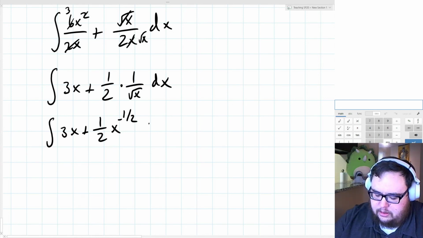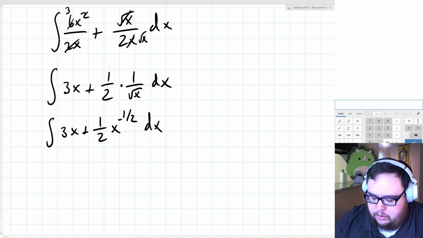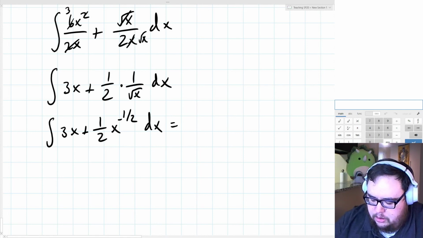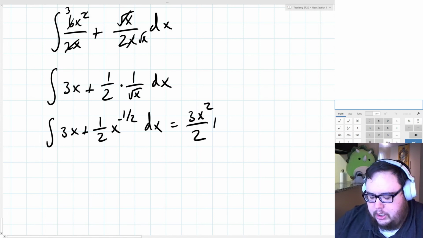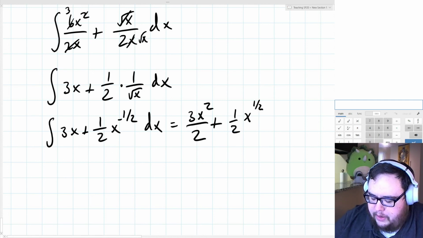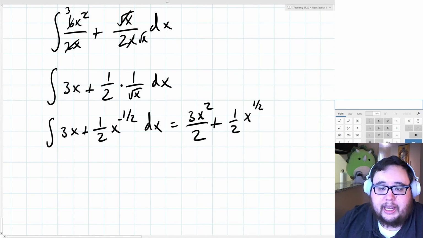And now we can just apply our power rules, right? The integral of 3x is 3x squared over 2. And the integral of 1/2 x to the negative 1/2, we're going to add 1 to the power. So that would be 1/2 times x to the 1/2. And then we're going to divide by the new power, which is dividing by 1/2.